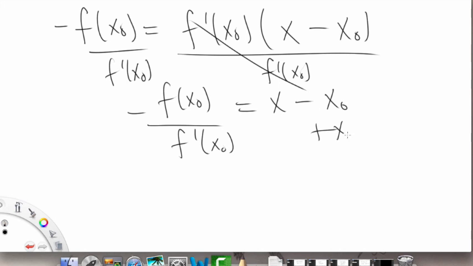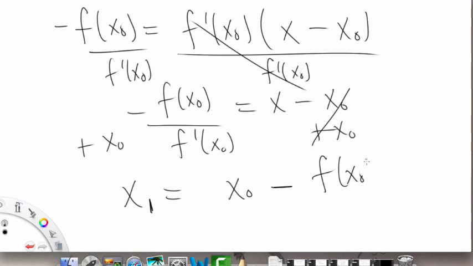Finally, the last step is to add that x naught over. So the x value that we want, x sub 1, is equal to x naught minus f of x naught over f prime of x naught.